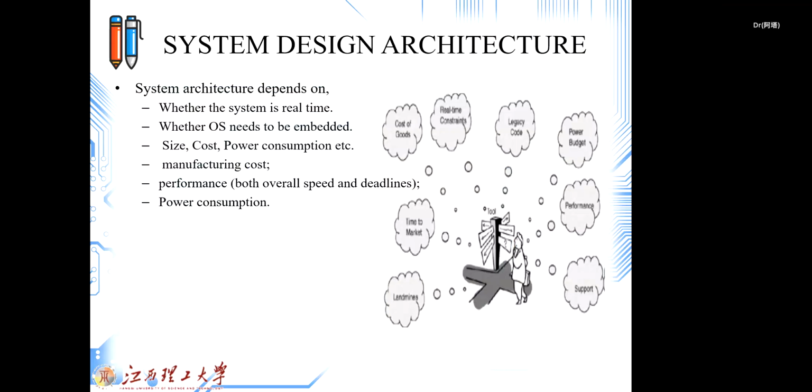Manufacturing cost: if we want to make my embedded system in bulk, how much should the bulk production be? What should the performance be in overall speed and deadlines? What should the lifetime of the system be? And the main thing is power consumption.